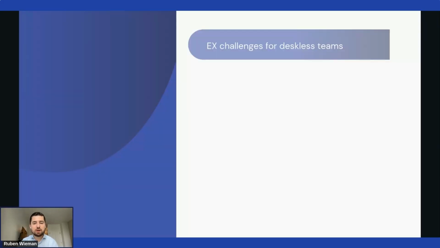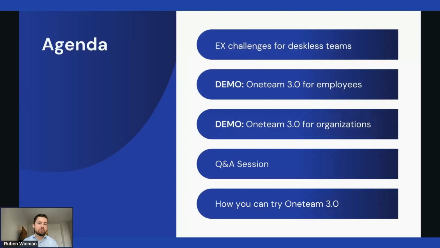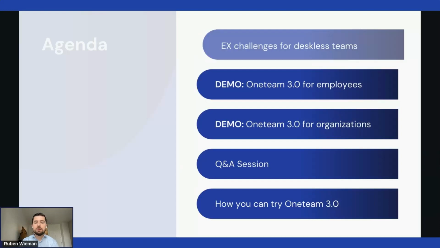First of all, what are the employee experience challenges with deskless teams that we are focused on solving. Then we're going to talk about Oneteam 3.0 for the employee side, then for the organization side. Then we have a Q&A session, and then the next steps. How can you try Oneteam 3.0?